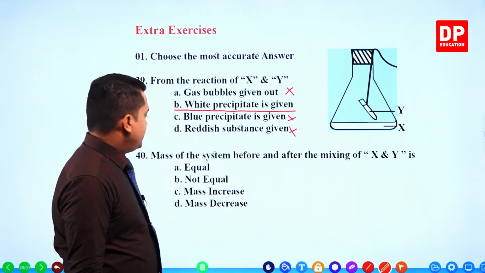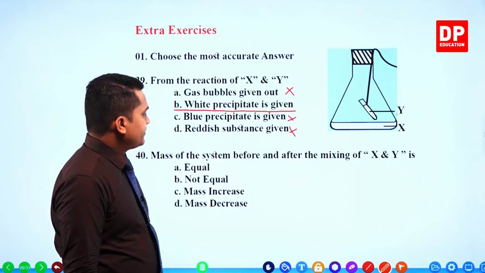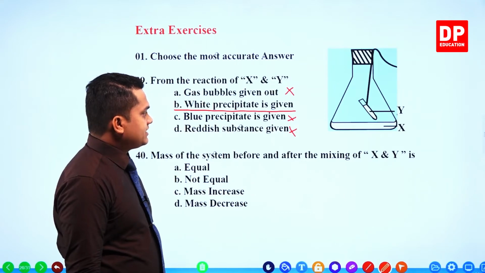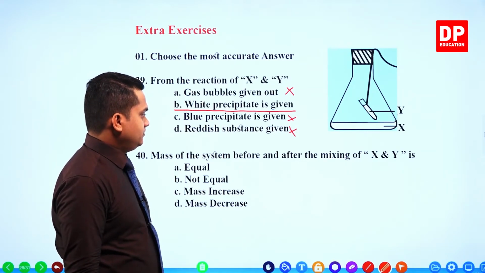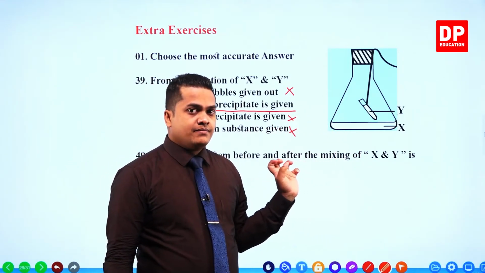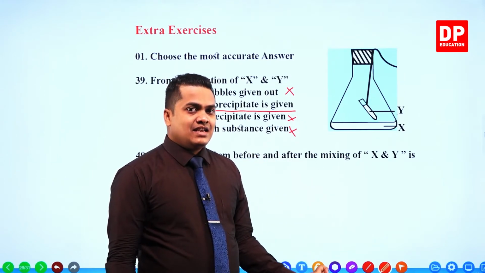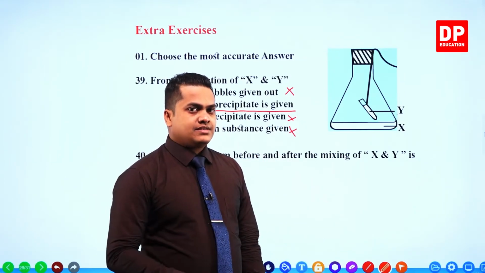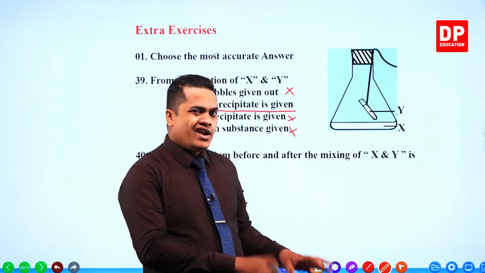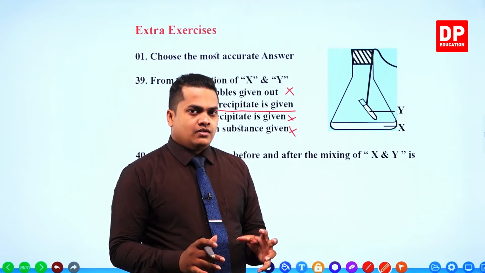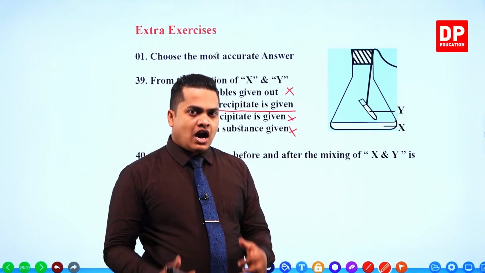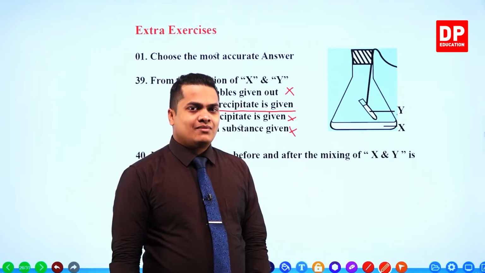Mass of the system before and after the mixing of X and Y is. So they are asking about the mass of this closed system before mixing X and Y and after mixing X and Y. In simple terms, before the chemical reaction and after the chemical reaction.